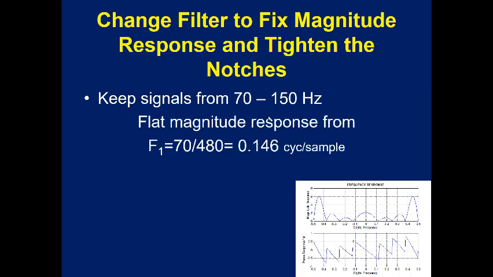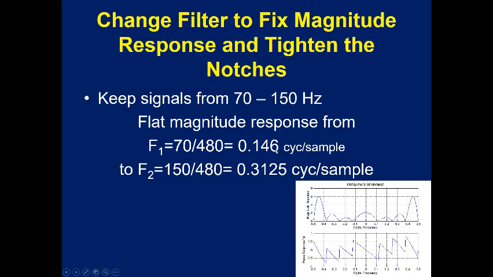Now, that means we're going to want a flat magnitude response from about 70 hertz, which we normalize and find that's at about 0.146 cycles per sample. And 150 hertz is about 0.3125 cycles per sample. So in our diagram here, from 0.146 up to 0.3 something, we want that range to be pretty flat, which it's not right now.